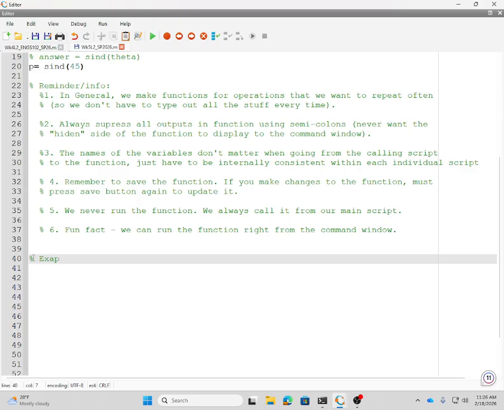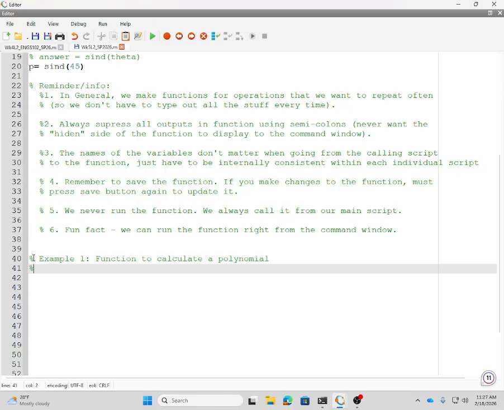So example 1. Function to calculate a polynomial. Okay.